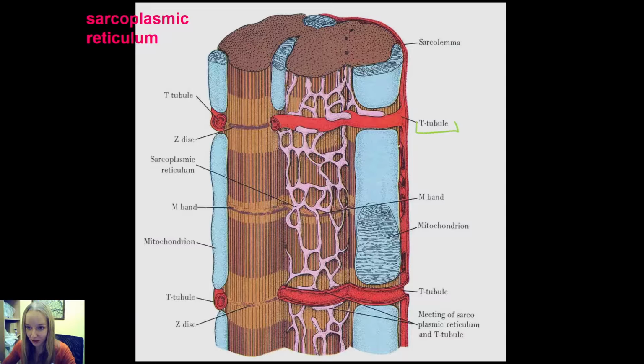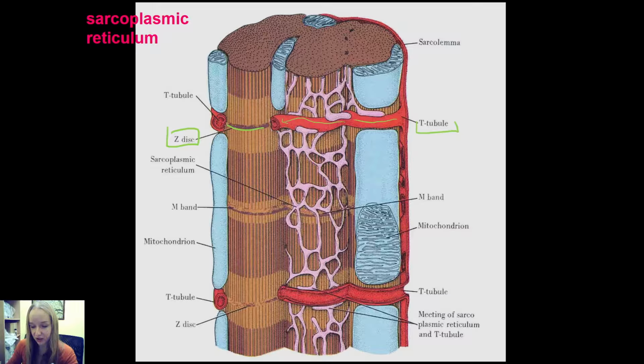So we have this T-tubule, but this time it's located at the Z line, Z disc or Z line. In skeletal muscle, it was located on the interface of A and I band. Remember, this time we have it on the Z line, Z disc right here.